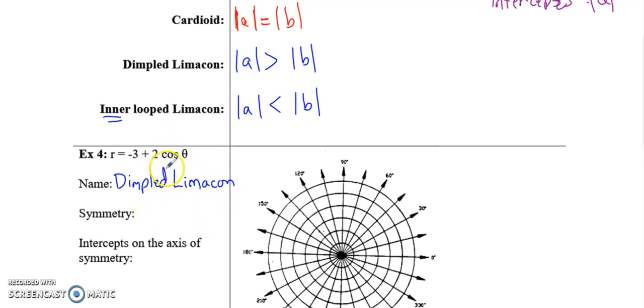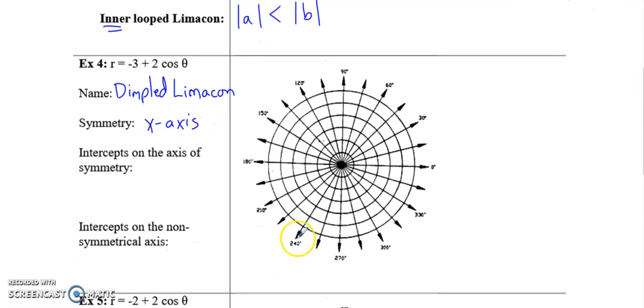Symmetry: which trig function does that refer to? And so what are the intercepts on the x-axis?